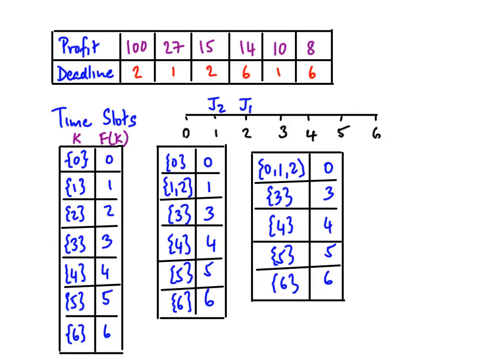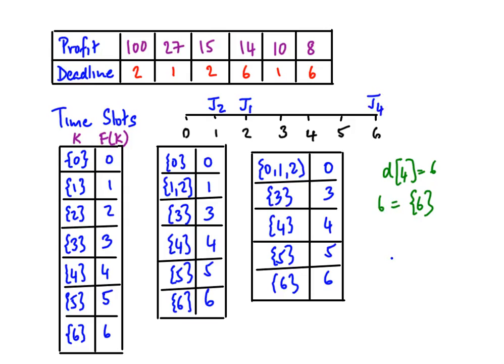So next we look at job 4. Now d of 4 is equal to 6 and 6 belongs to the set 6. So we'll do the usual thing. We'll assign this job 4 to happen at time slot 6, right? This is the rightmost time slot within its deadline that is free.